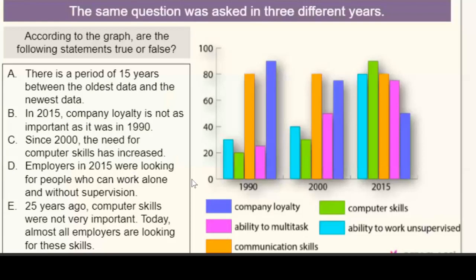We're talking about 2015, so we go here and then we go to the teal one. So they're looking for people who can work alone and without supervision. I think it's false.